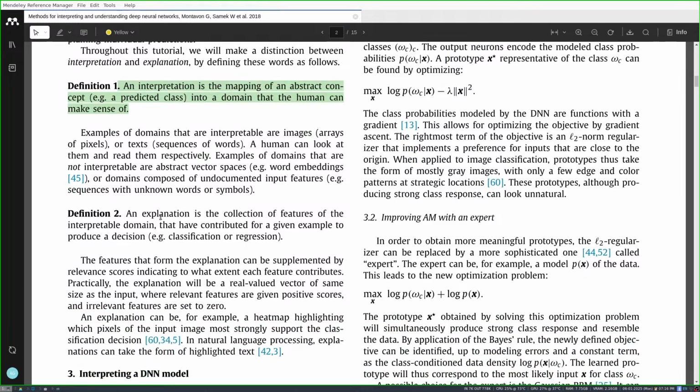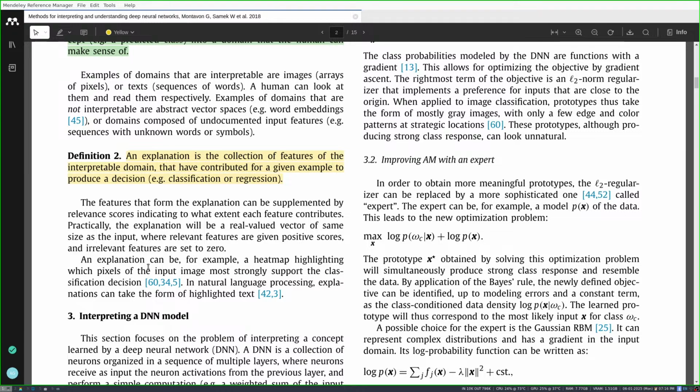An explanation is the collection of features of an interpretable domain that have contributed for a given example to produce a decision. The features that form the explanation can be supplemented by relevance scores indicating to what extent each feature contributed.